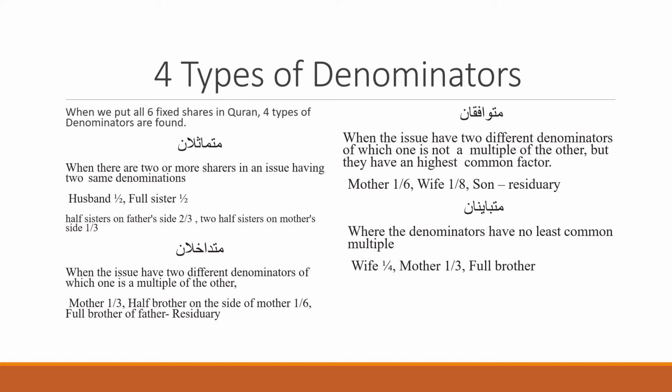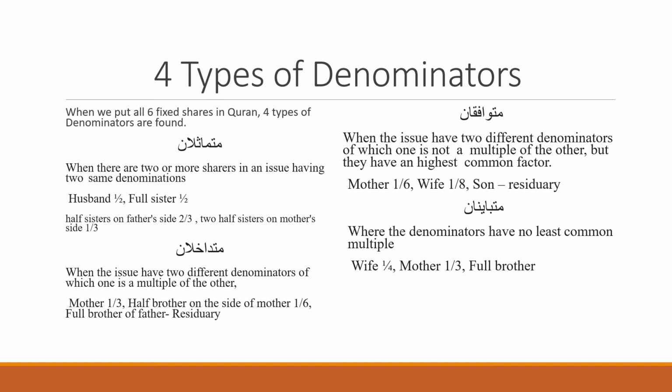But in case of fixed share heirs, there are 7 types of numerical basis. How are these 7 numbers found? To understand, get to know that there are 4 types of fixed shares in terms of denominator: mutamathilani, mutadakhilani, mutawafikani, mutabayinani.